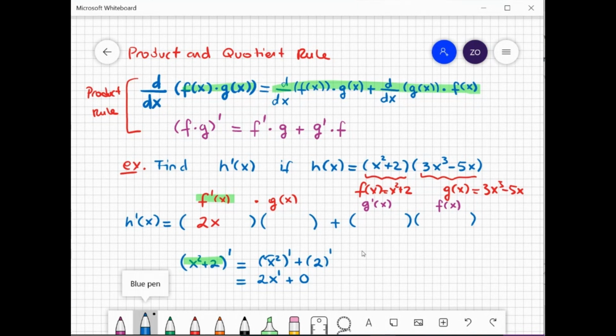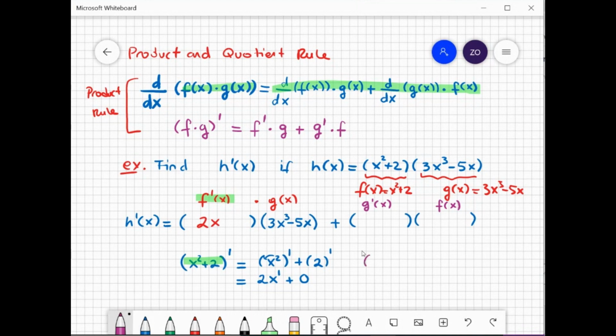For the second parenthesis, we will simply type the g function, which is 3x cubed minus 5x. Okay, so this is just the function itself, the second function. And then we will add to these the derivative of the second function.